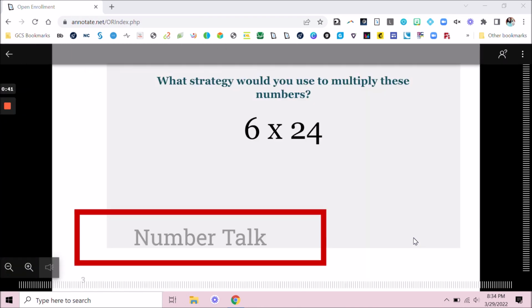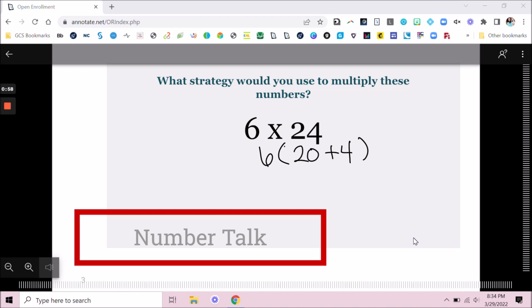Students are first exposed to the distributive property when they're working with decomposing numbers. So for example, with 24, I can decompose that into 20 plus 4. And I'm using that to simplify the multiplication process.